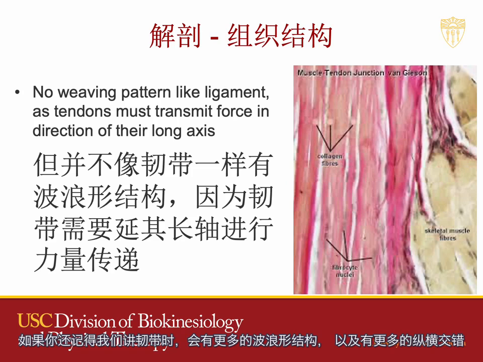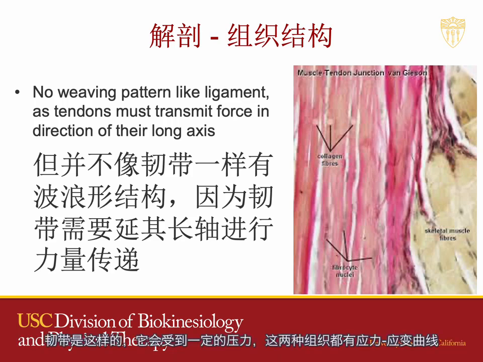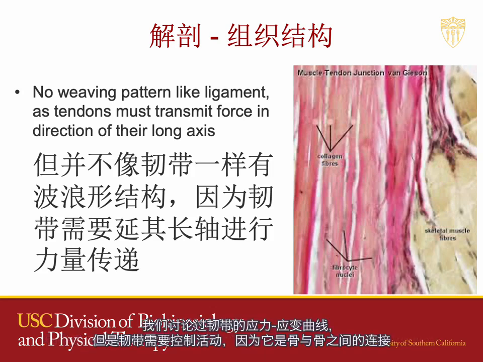If you remember with the ligaments, there was more of what we call a weaving pattern, a little bit more of a crisscross. The ligament was designed that way because it gets to a certain point of stress, and both of these types of tissue have a stress-strain curve. But the ligament has to get to a point where it really does stop because you're going from bone to bone.